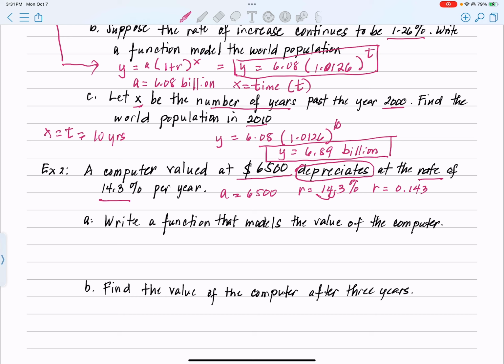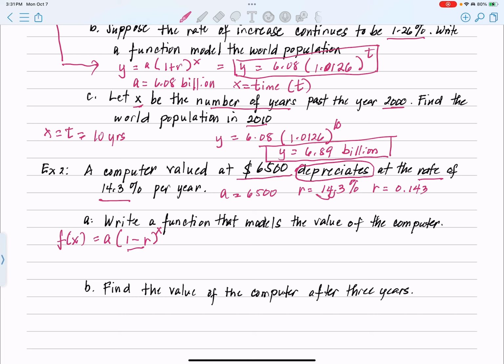So that would be f of x equals a times the quantity of 1 minus r to the power of x. Remember the formula I've given above for when it's decay and when it's growth. Decay is 1 minus, while growth is 1 plus.